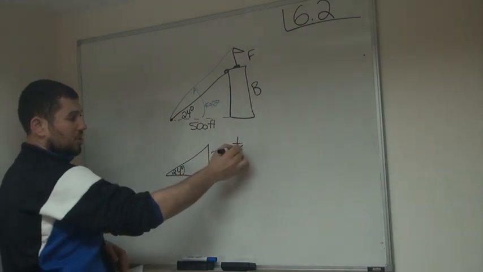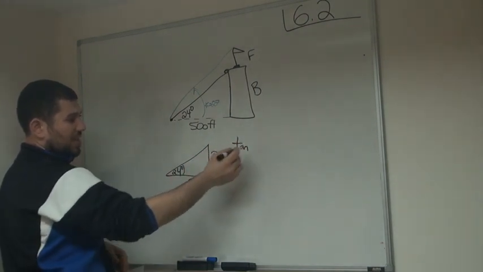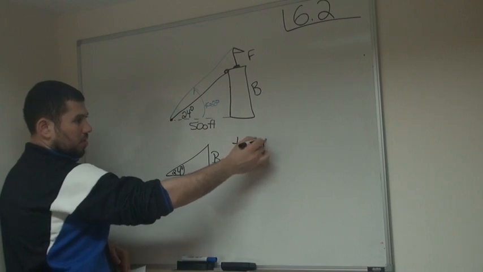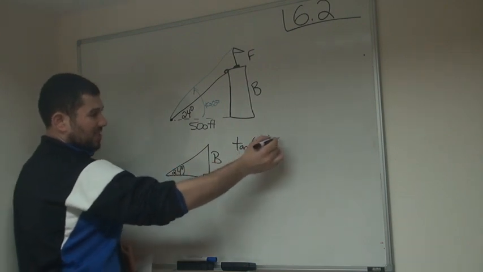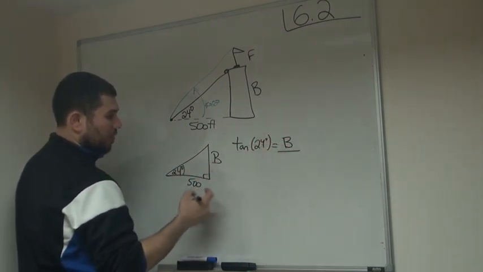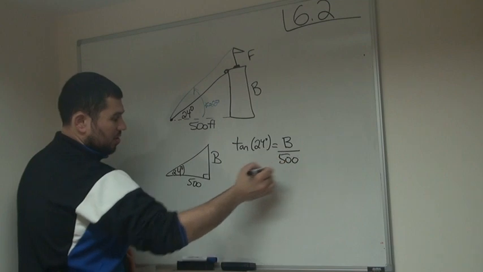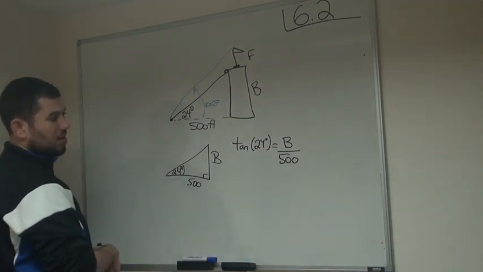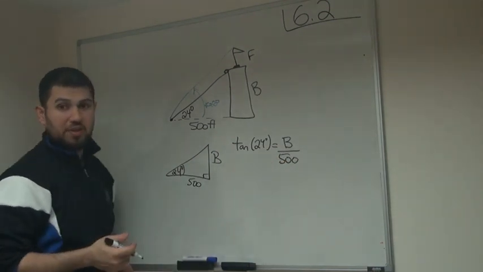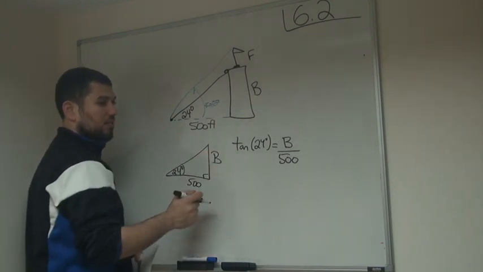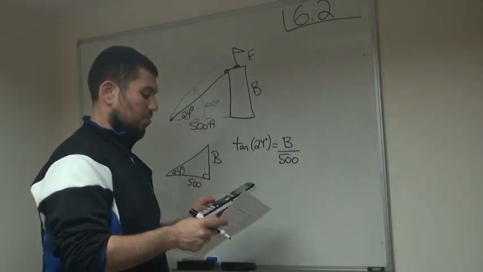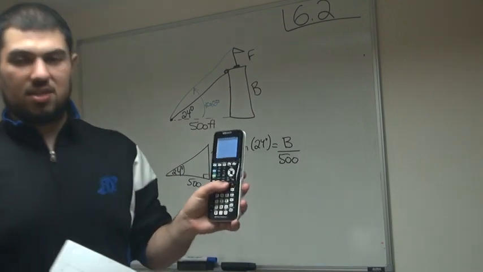So if I use tangent, I know that the tangent of the angle, 24 degrees, would give me the opposite side, B, over the adjacent side, 500. Well, this isn't a mystery value. You could find the tangent of 24, using your graphing calculator, if you're in degree mode, and you type in tan, which is right next to the cosine, right here.